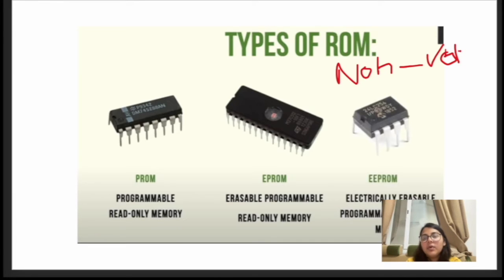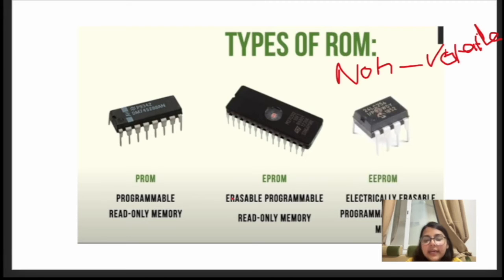Then what are the other features of ROM, students? It is actually much cheaper than RAM, and ROM is static memory, so it does not need to refresh every time. So these are the particular features of this memory, students.